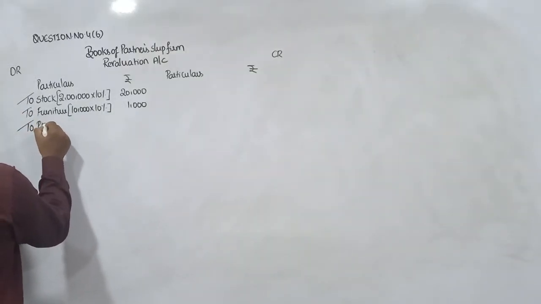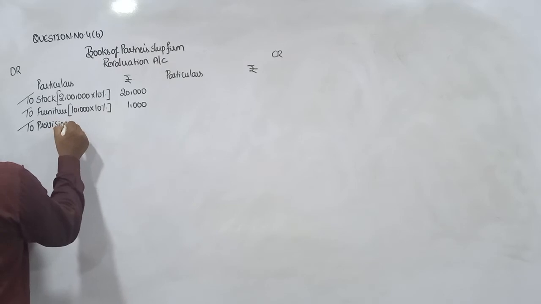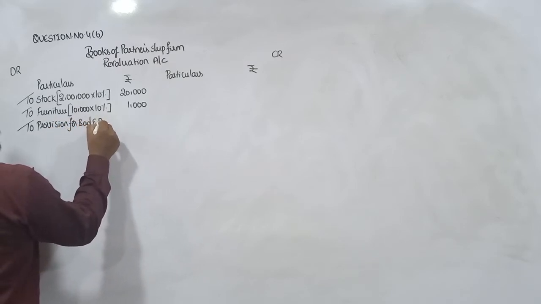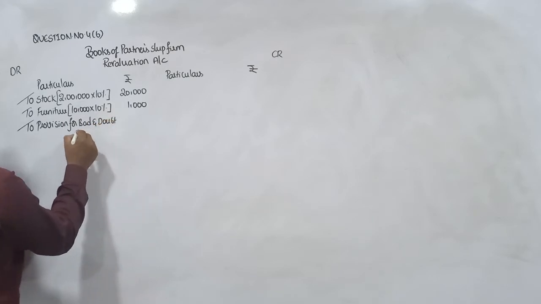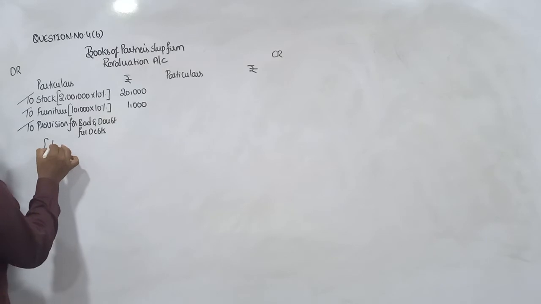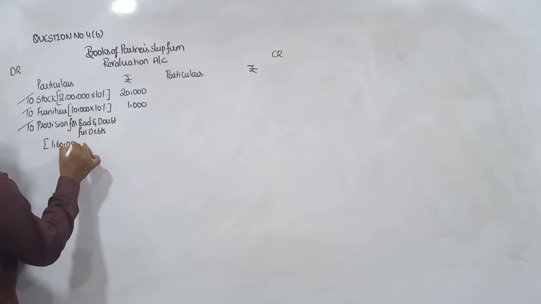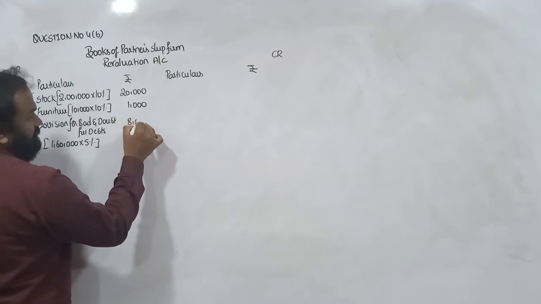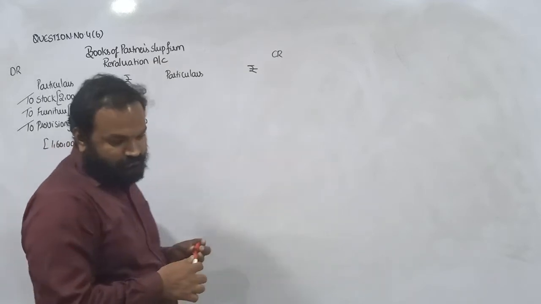To provision for bad and doubtful debts, 1,60,000 into 5%. It's 8,000.